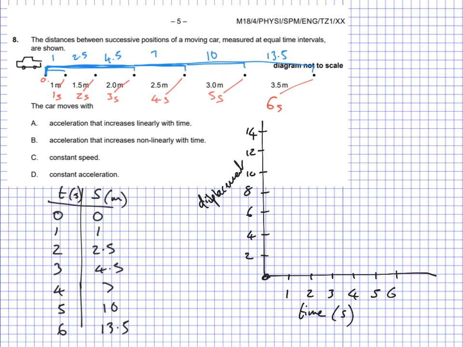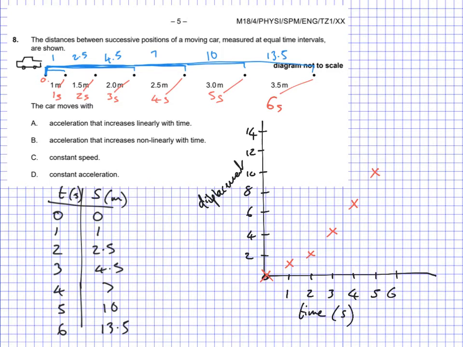Okay, let's put some data in. Let's have a look. 0, obviously we're going to have 0, put a little cross there. 1, we're going to have 1, so it's going to be somewhere there. 2 is 2.5, so somewhere there. 3 is 4.5, so there. 4 and 7 gets me to about there. 5 and 10, we're all the way up here.